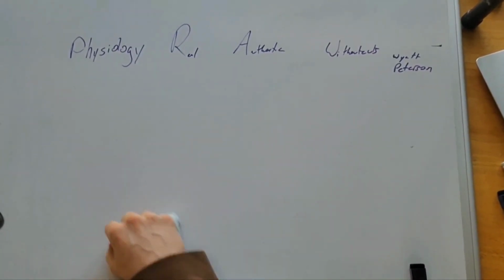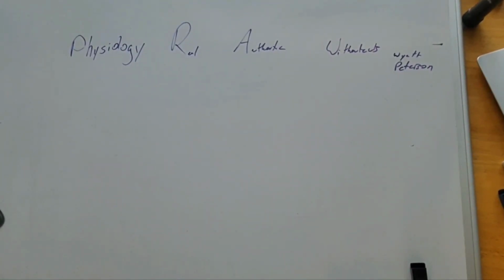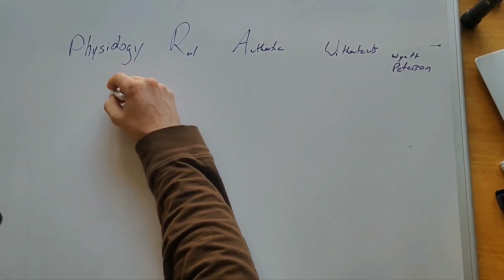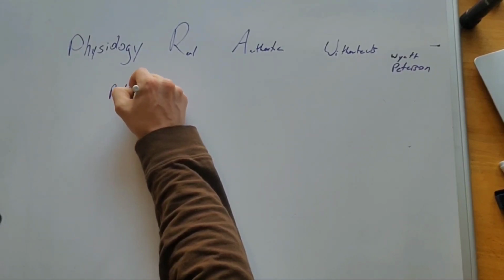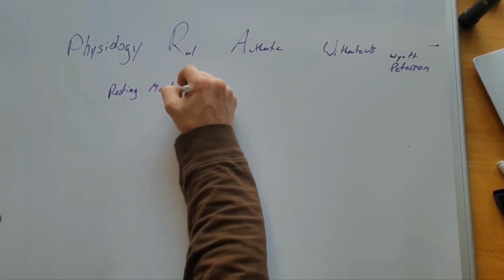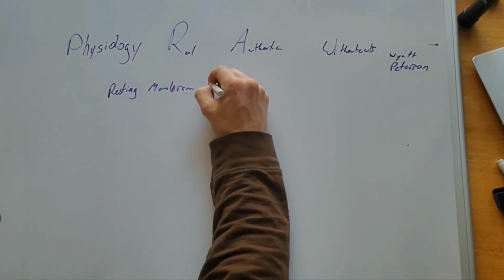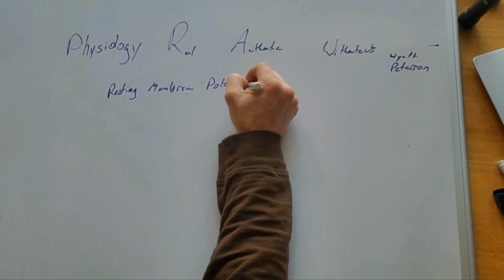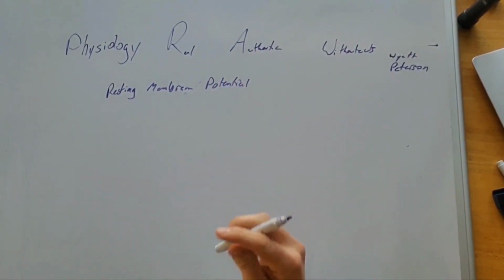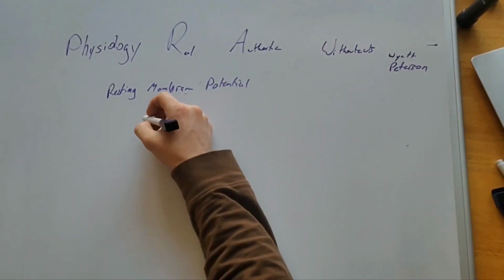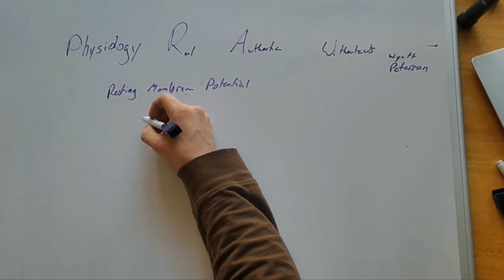Moving right along. So part 2: explain how the resting membrane potential of a cell is established. So this will use the same logic we used before, with some things that are permeable and some things that aren't.